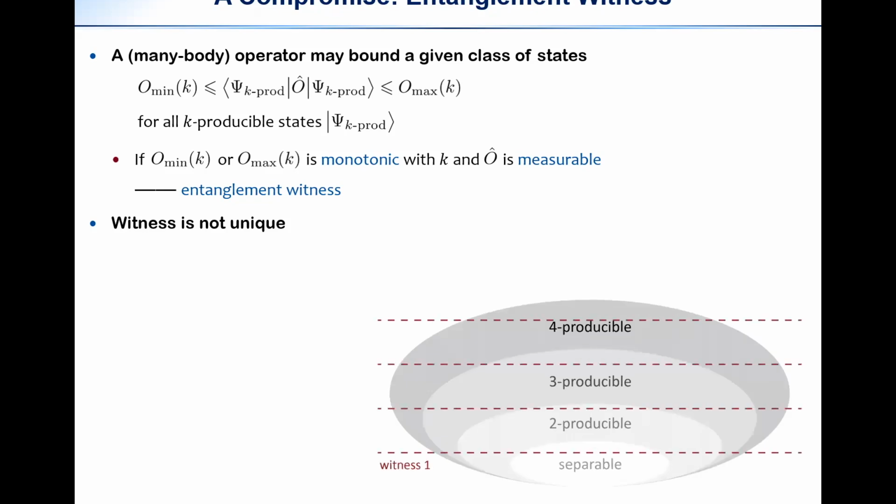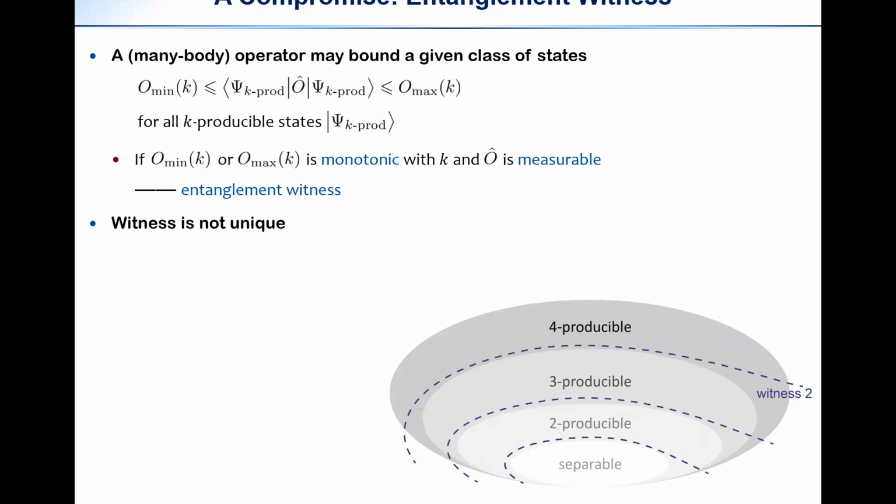If you have a bad entanglement witness, its contours penetrate all different regions of entanglement, and you get an inequality giving you no information. But if you have a good design of entanglement witness, it should be almost parallel with the boundary between the different entanglement depths.